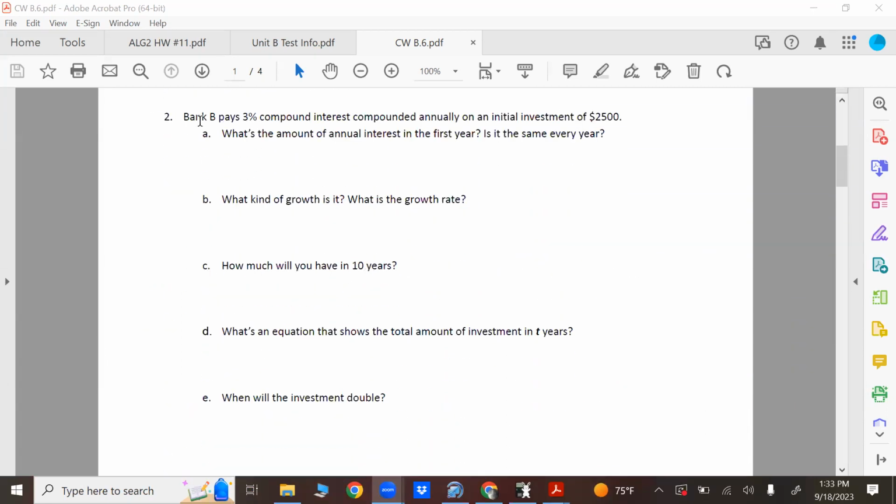So when you see the word compounding, that's going to be exponential. Let me tee this up for you, and I'll have you do most of the calculation. So compounding, right? That's a key phrase. In this case, it's exponential. Is it the same every year?